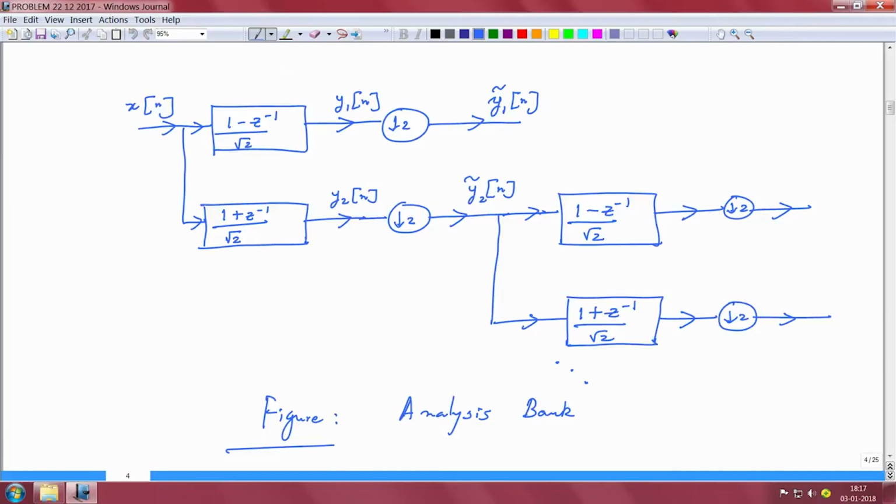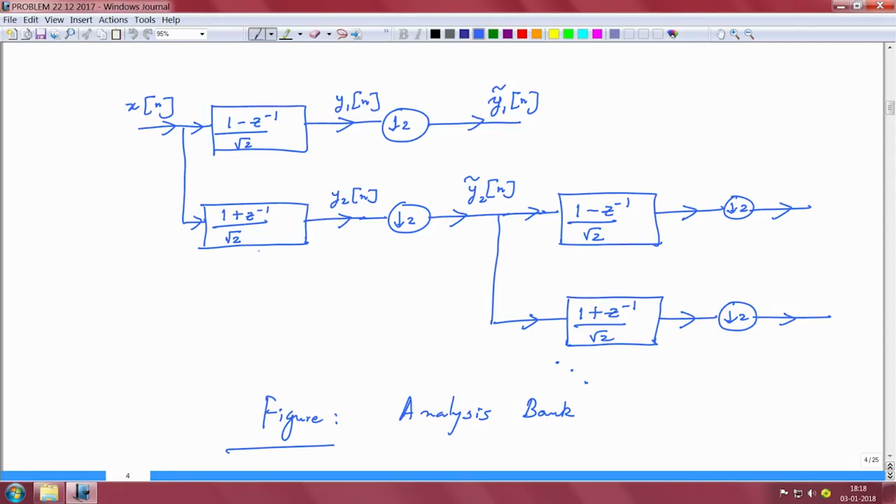We take a signal x of n, and we filter it through a low pass filter which is (1 plus a delay) upon root 2. This is to ensure that the energy is normalized to unity.